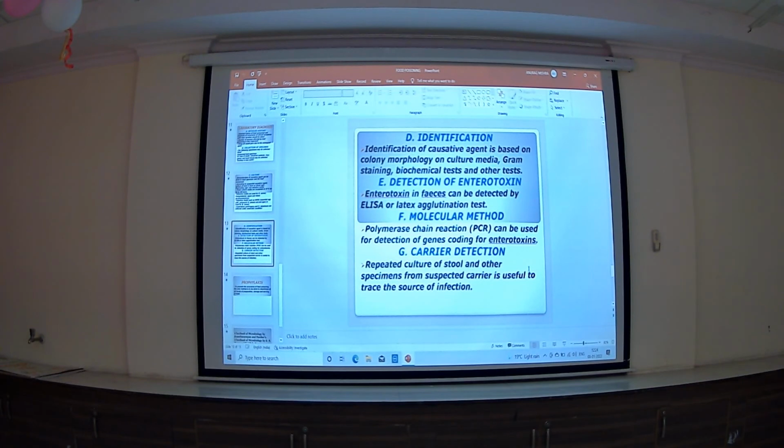Enterotoxin in feces is detected by ELISA method or latex agglutination test, also polymerase chain reaction may be used for detection of genes coding for enterotoxins.